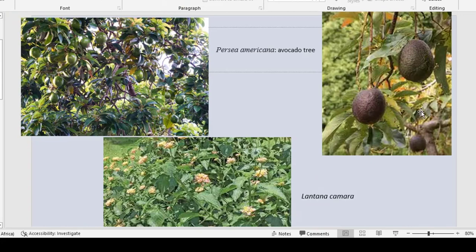There are other trees which are categorized as invasive species. An invasive species is a species that, as the word itself says, came and inhabits an area which is not indigenous.